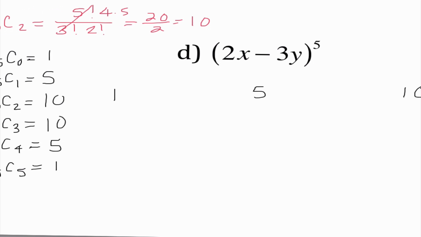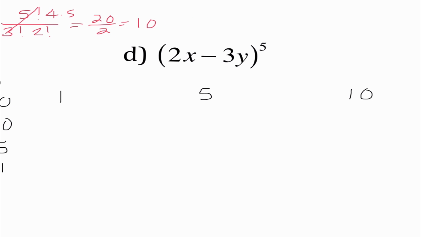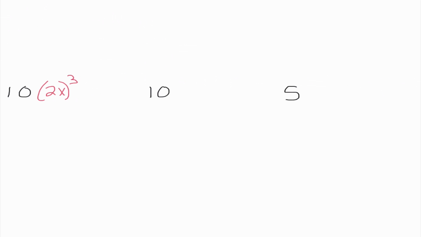Okay, my first term here, 2x. So I have 2x to the 5th, 2x to the 4th, 2x cubed, 2x squared, 2x to the 1st, and 2x to the 0.